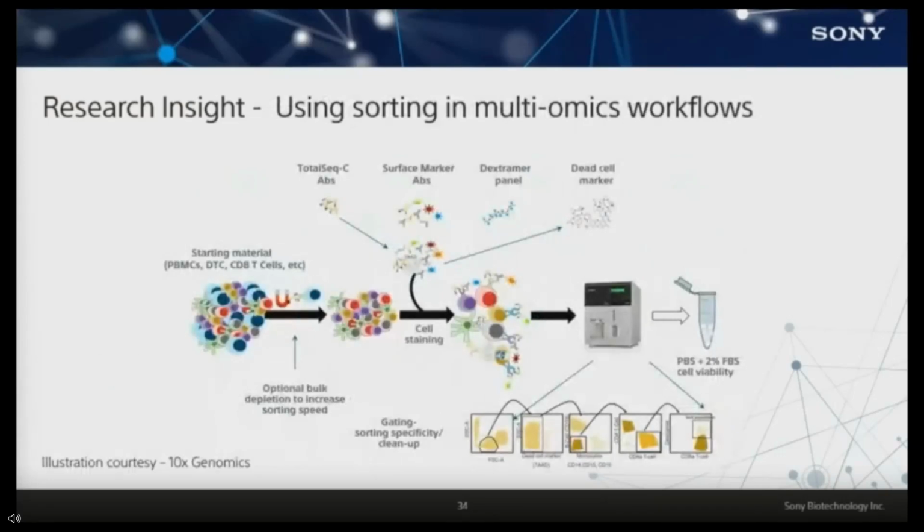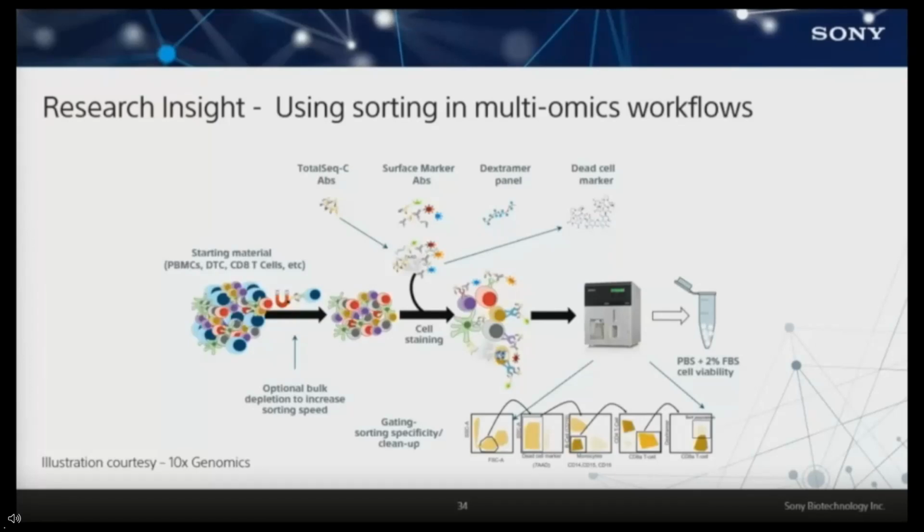In this last example, just want to kind of go over how the Sony cell sorter is integrated into a part of a workflow from 10x Genomics. Here we have a complex starting sample. It could be PBMCs such as this sample, but it could be almost anything, right? It could be a tumor with an immune infiltrate, could be a lymphoma that you've kind of dissociated.